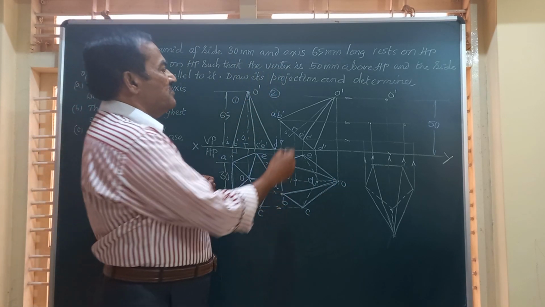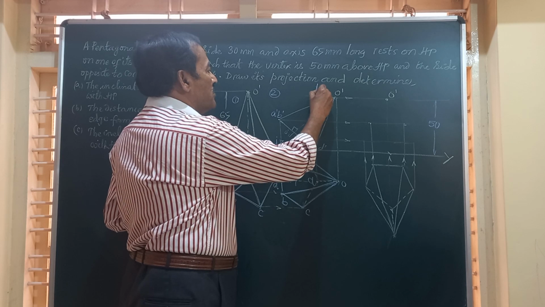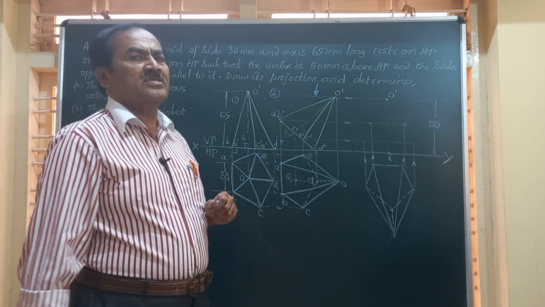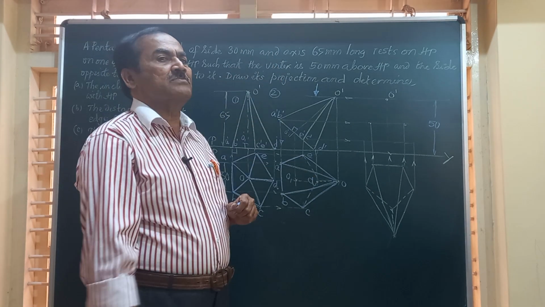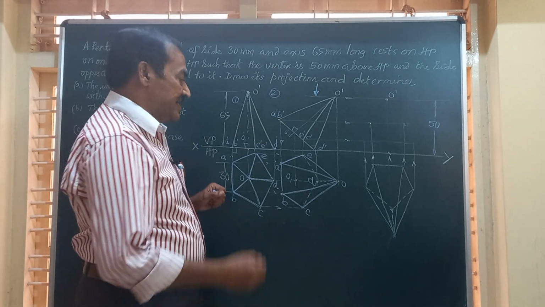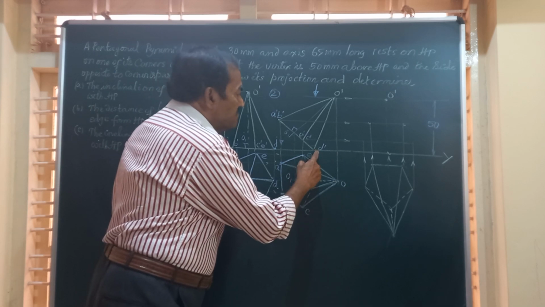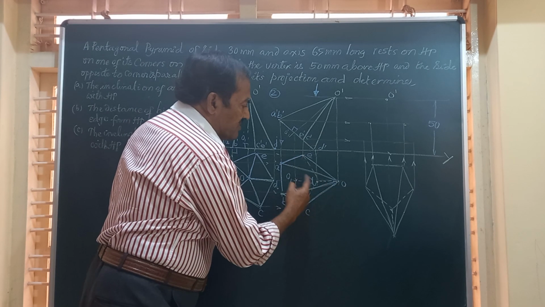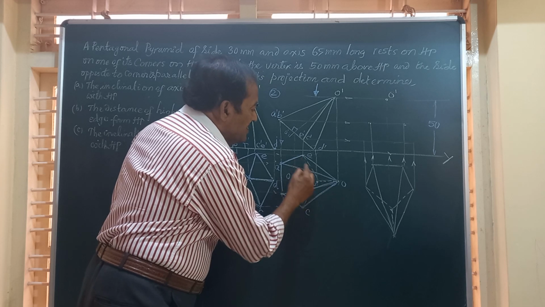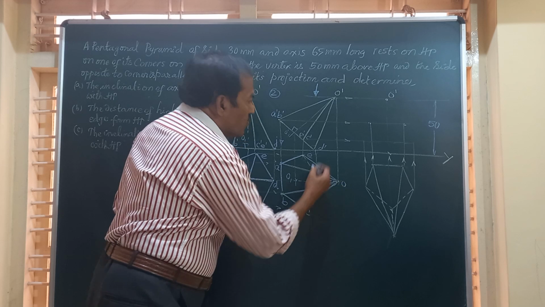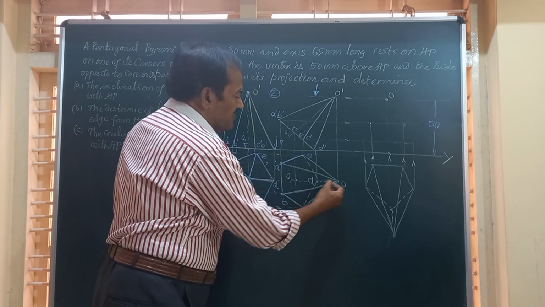Then friends, you can see when you are looking from the top, the corner D on which the object is resting is not visible in the top view, and hence all the lines connecting D are not visible. That is to say, this DE not visible, DC is also not visible, and this ODE is not visible from the top view.